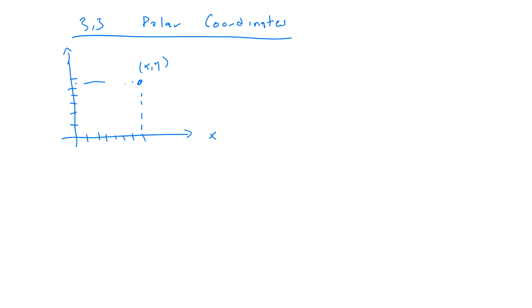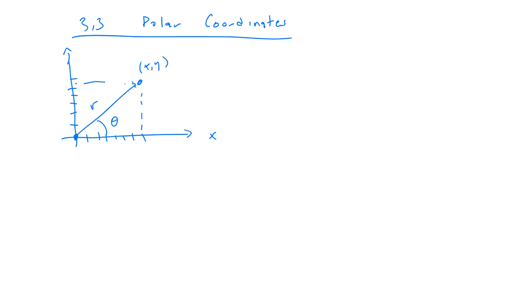In particular, one of the ways of doing it is imagine we have just the positive x-axis. I can have an origin. I can ask how far from the origin is the point. I can call that distance r. And ask what is the angle that that line makes with the positive x-axis.